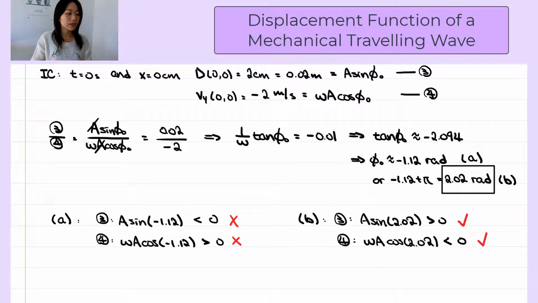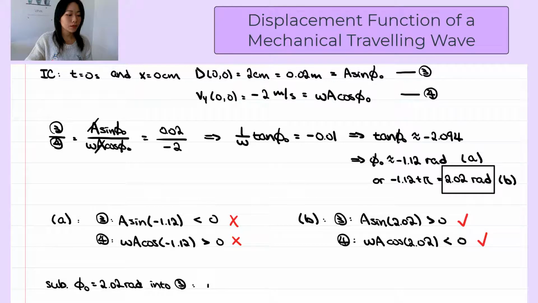And lastly, to complete the displacement function, we need the amplitude. To find the amplitude, we can substitute our phi naught into either equation 3 or equation 4. I'm going to use equation 3, but you'll find the same result if you substitute phi naught and angular frequency into equation 4. So let's substitute phi naught, which is 2.02, into equation 3.